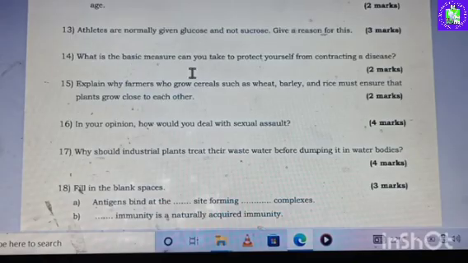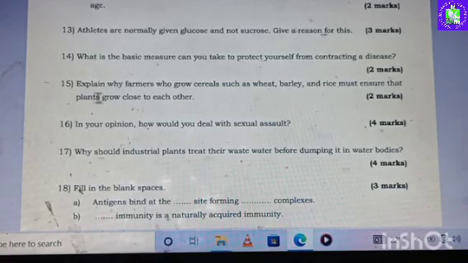Question number 14. What is the basic measure you can take to protect yourself from contracting disease? Here we have many measures, but the main measure is first to take a vaccine, during vaccination or injection of vaccine.